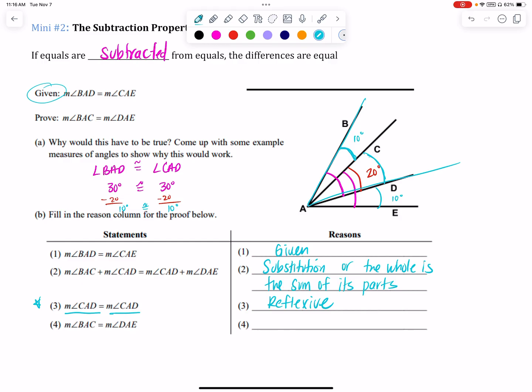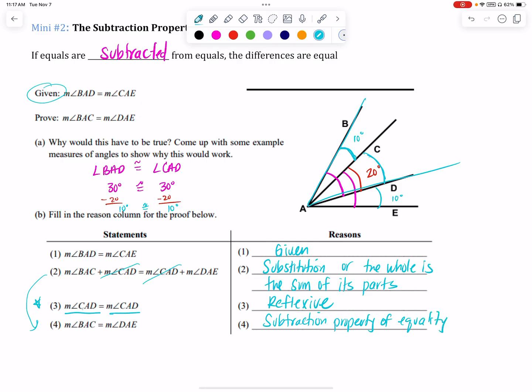And here, how do you get from 2 to 4? We see that after we established they were reflexive, it was subtracted to get BAC and DAE left over in line 4. So it's going to be the subtraction property of equality.